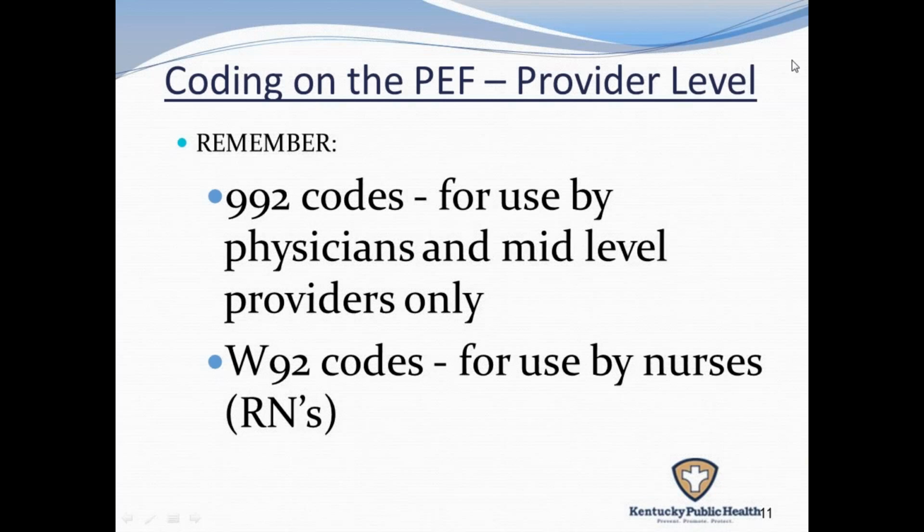This is one of those things that usually throws a lot of people off, because in the real world, nurses are only allowed to code to a 99211, which is a brief office visit, and that's it. Our contract with Medicaid allows RNs to code higher. So we're going to go over all of that. So just hang on.